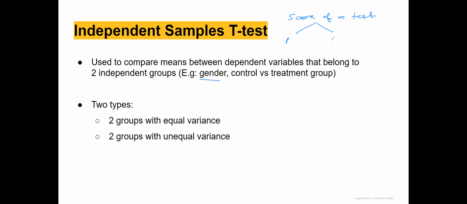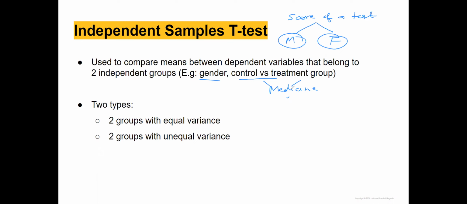Suppose you have male and female, and you want to compare which group performs better. Or suppose you have a new medicine, and you want to compare between a control group and a treatment group, which group has a better effect of that medicine.